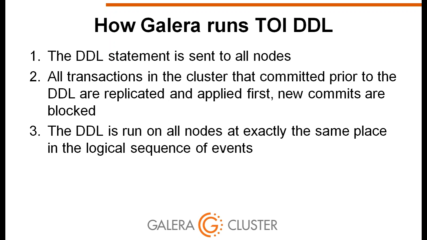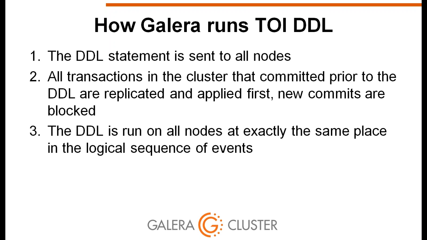Okay, so now that we have established the general principles around total order isolation, here is how Galera actually does things. As soon as you issue the statement in the console or using your application, the statement will be immediately sent to all the other nodes for execution.